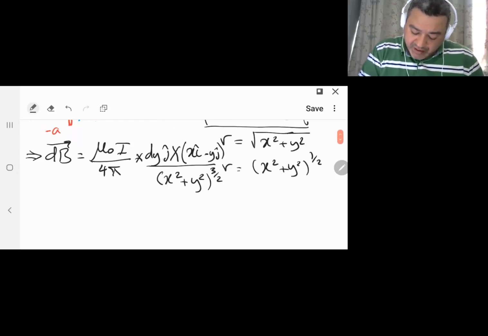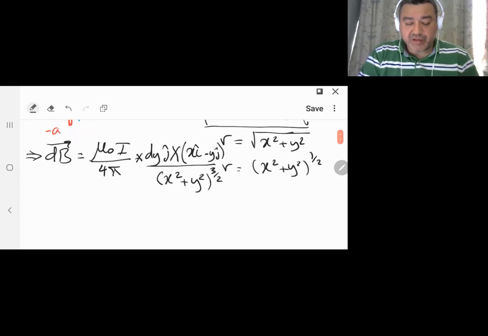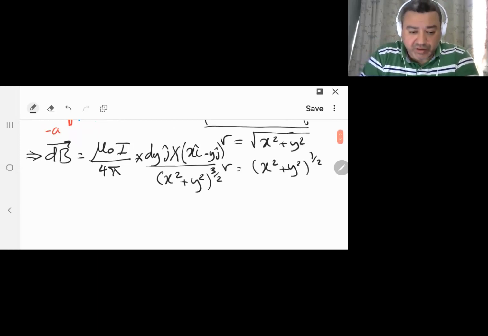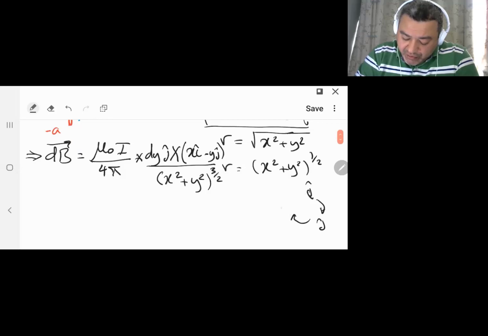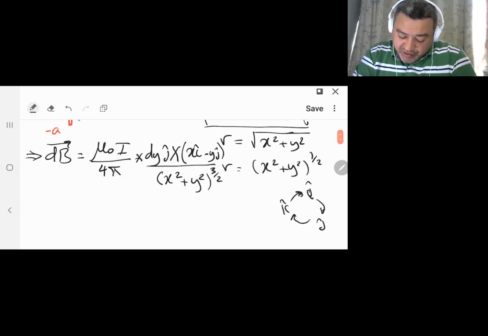Now, if I look here at the cross product between j and j, the result would be 0. We all know that the cross product between a vector and itself is 0. So I will only have the result of j hat cross i hat. And I know that i cross j is k. So j cross i is minus k.